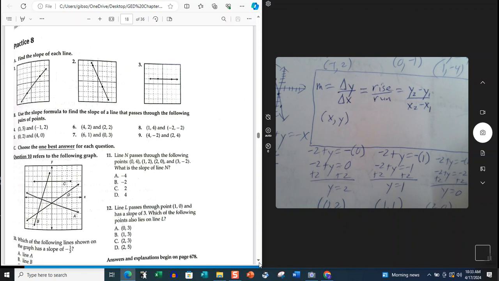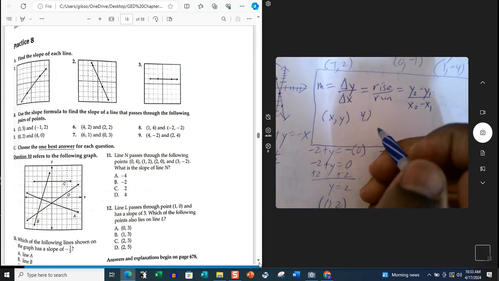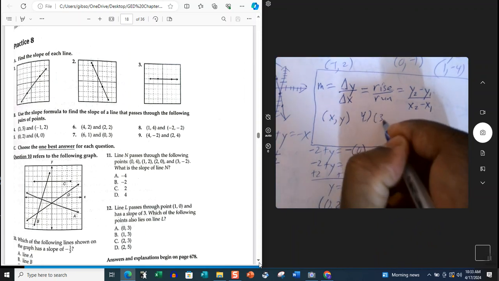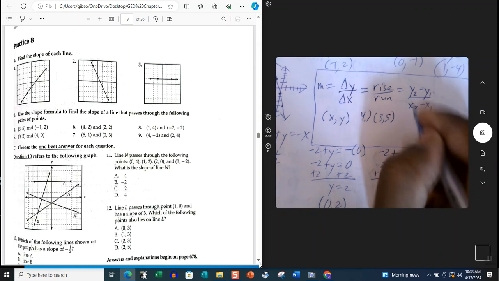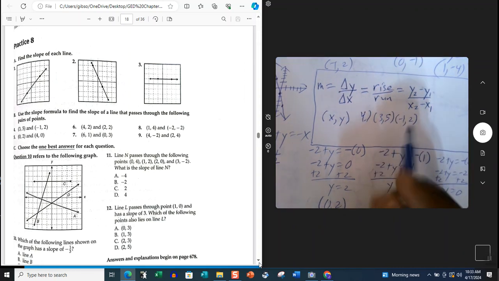Let's do problem number 4. Number 4 says use the slope formula to find the slope of a line that passes through the following pair of points. The 2 points are 3, 5, and also negative 1, 2.